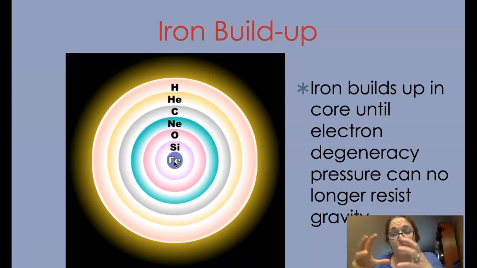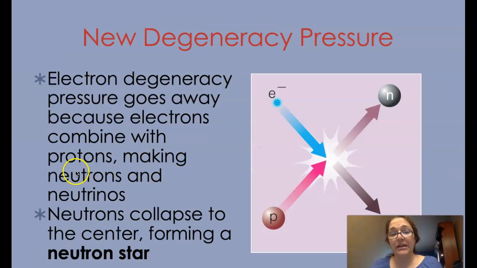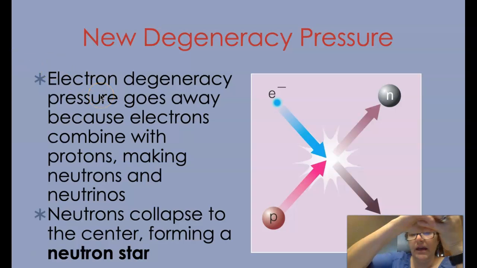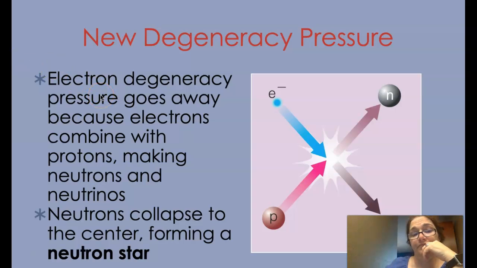We have gravity pushing down, and the electron degeneracy pressure just fails. It cannot push out anymore. And so those electrons are pressed together so hard that they fuse with protons into neutrons and neutrinos, and we end up with a neutron star.